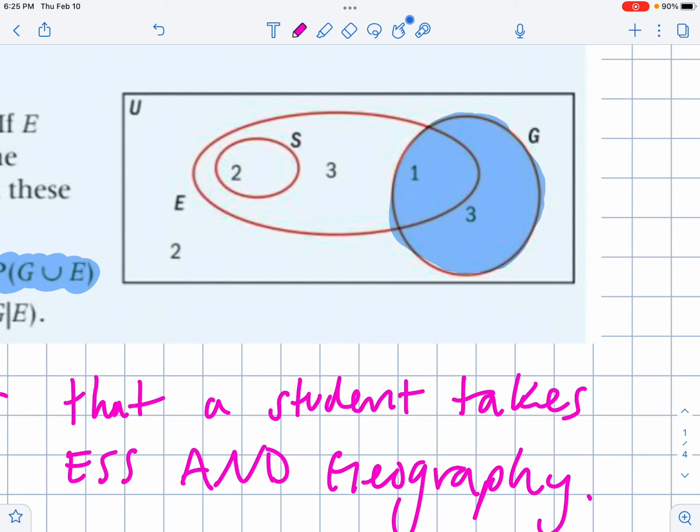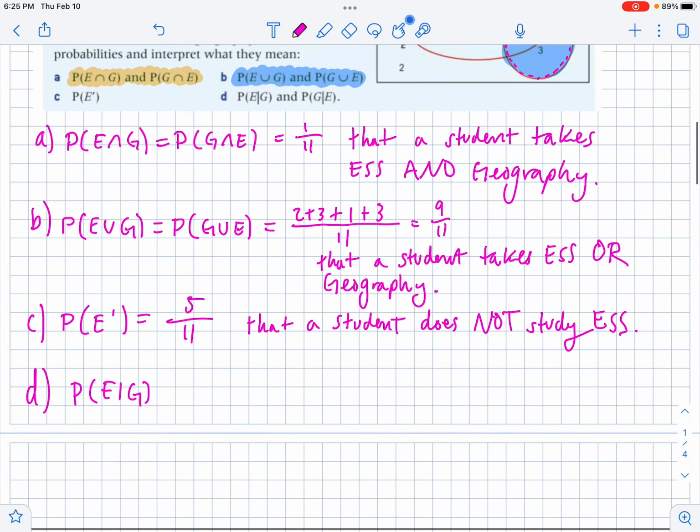So the way you need to think of this is that there's only 4 things in the pool because we already know that a student takes geography. So this is like the whole sample space of the problem. Now, out of those 4 people, only one of them takes ESS. So the probability of somebody taking ESS given that they take geography is 1 out of 4.